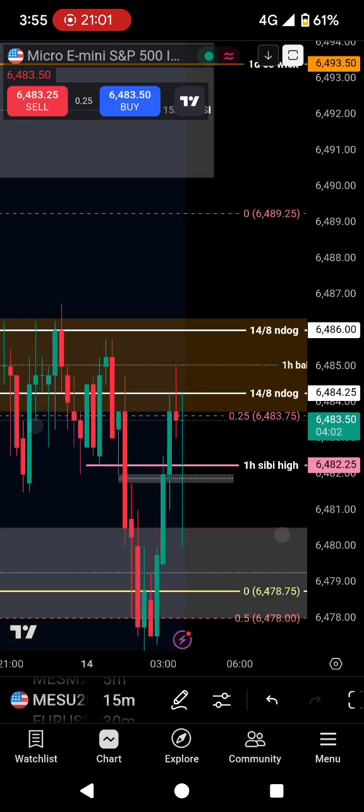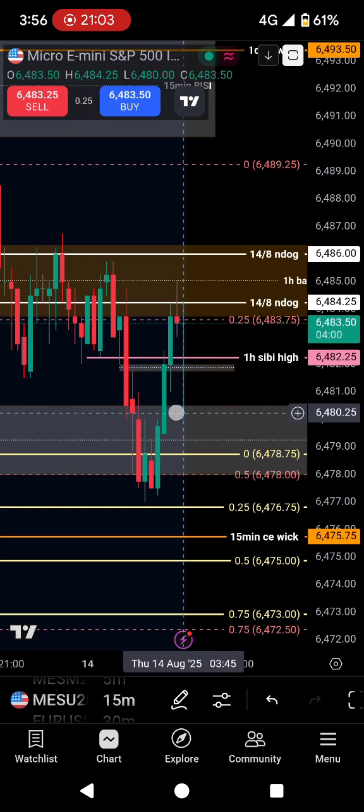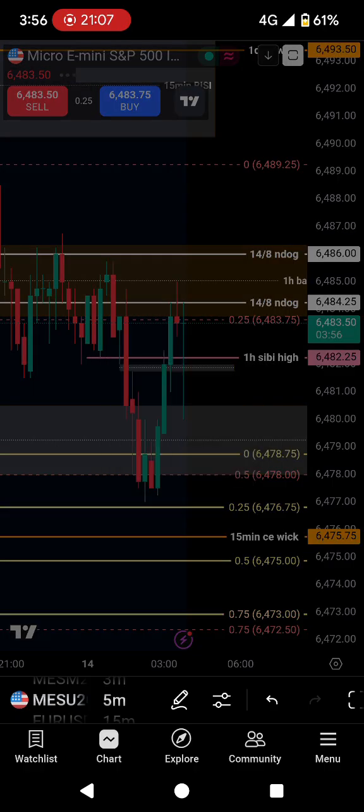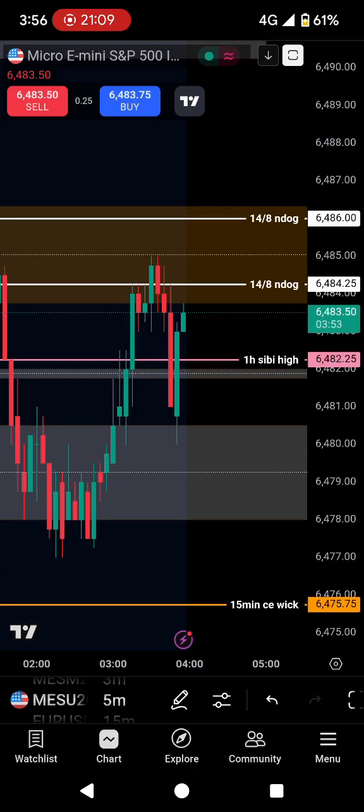Okay, anyway. We trade below in this BC and rejected higher back to the new week, new day opening gap.